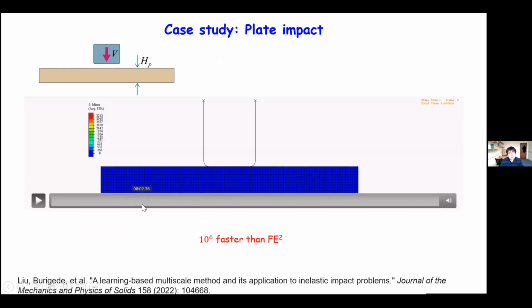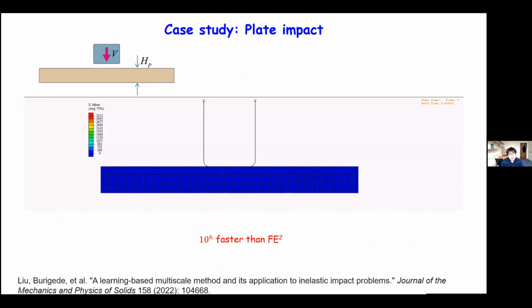So now that we have this model learned, we really try to use this model in a true multiscale manner. So here, what I'm showing you is an FE square style calculation where each material point has this trained neural network as a surrogate model, rather than passing this to a unit cell problem.